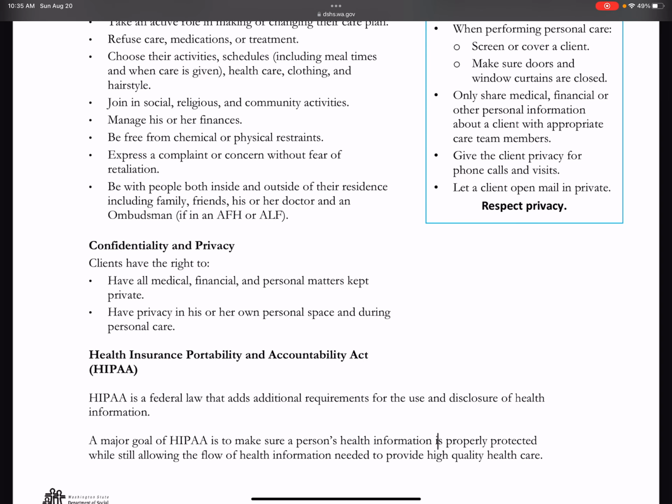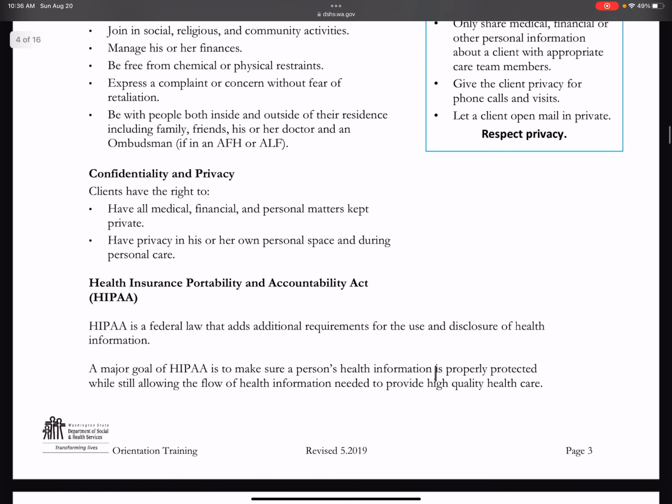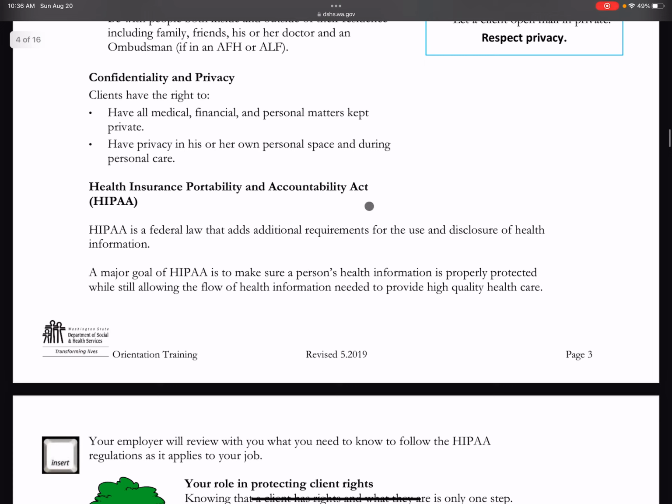Clients have the right to have all medical, financial, and personal matters kept private, and to have privacy in his or her own personal space and during personal care. And we call this HIPAA, the Health Insurance Portability and Accountability Act. This is very, very important. HIPAA is a federal law that adds additional requirements for the use and disclosure of health information.